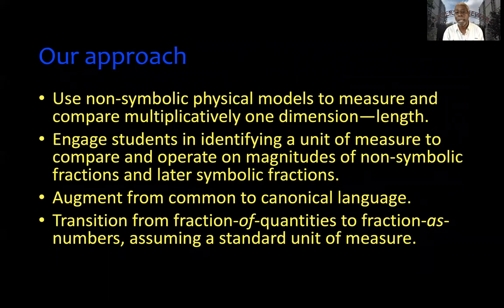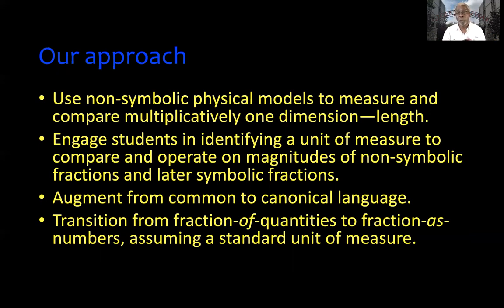In order to implement this perspective, we engage students in manipulating physical objects, Cuisenaire rods. We engage them in identifying the unit of measure, comparing and operating with these magnitudes, and later translating their ideas of these non-symbolic fractions into symbolic fractions.